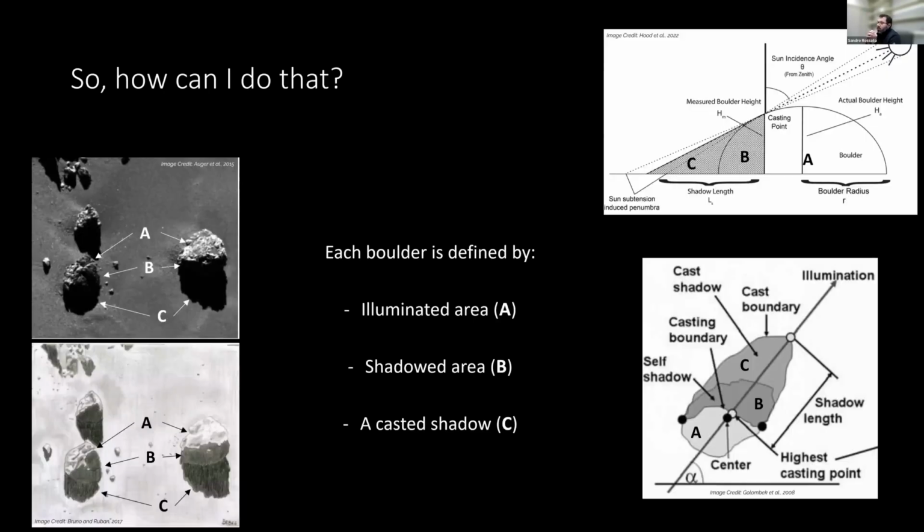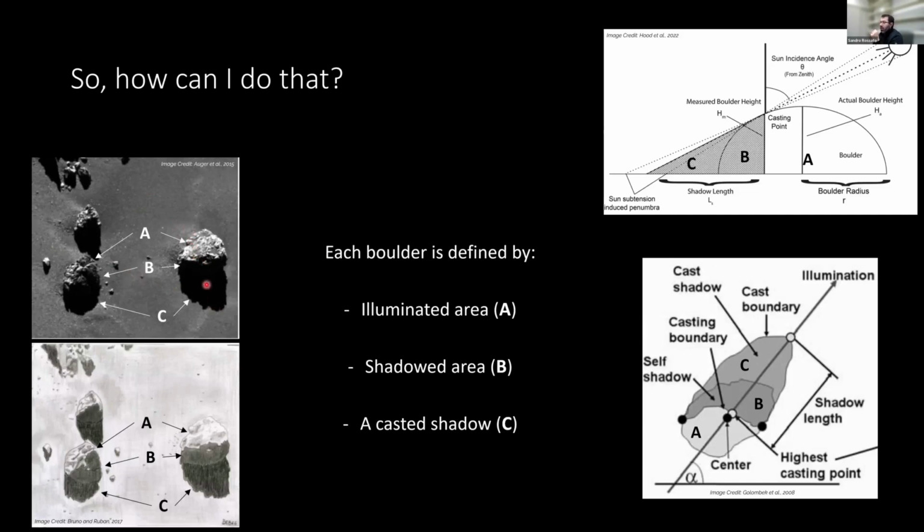First of all, we need to be clear about what a boulder is, how its shape can be defined, and what we want to adopt as an approximation. A boulder, when it rests over a lighted area, has an illuminated area, that is the side that is exposed to the sun, the source of light, in our case.